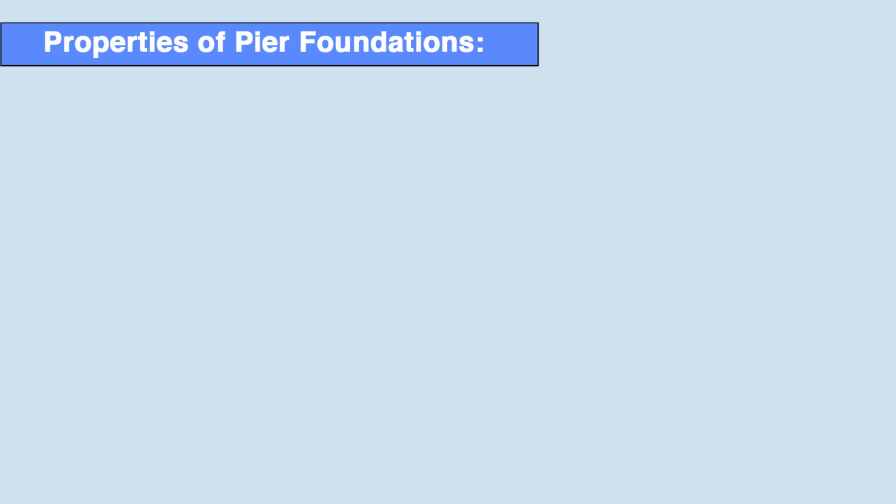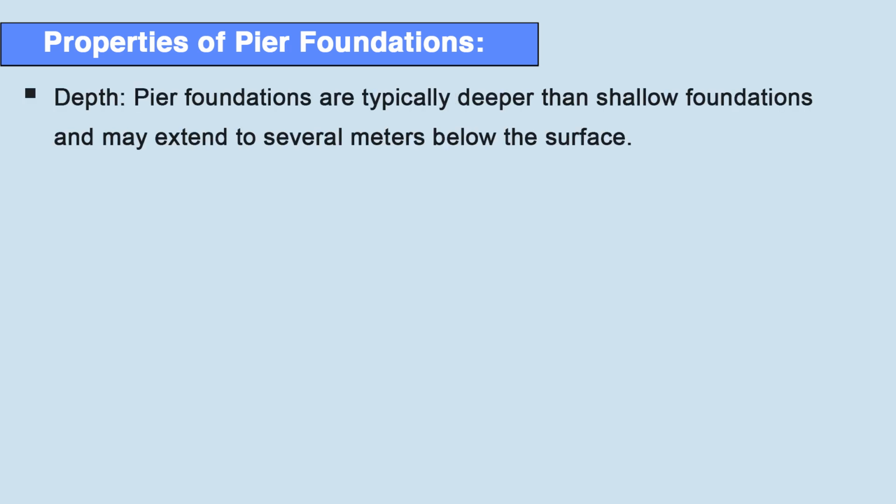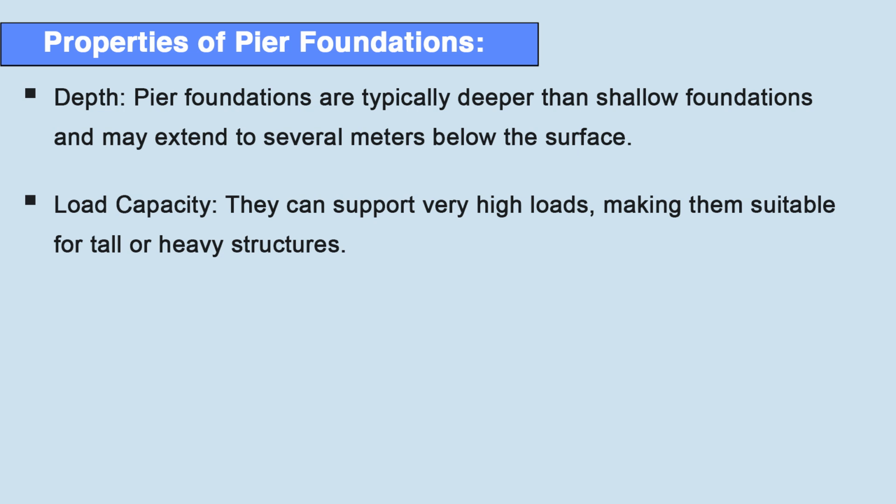Then what are the various properties of pier foundations? First is depth. Pier foundations are typically deeper than shallow foundations and may extend to several meters below the surface. Second is load capacity. They can support very high loads, making them suitable for tall or heavy structures.